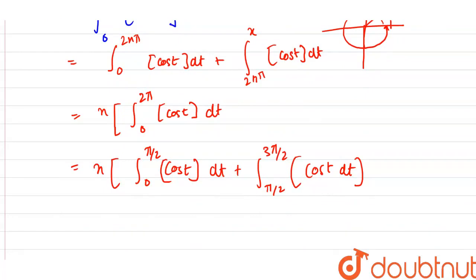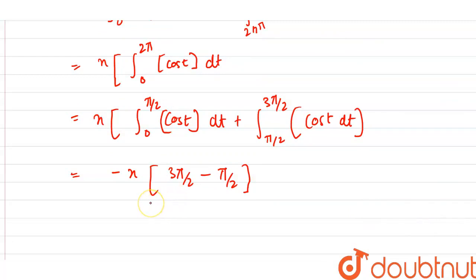So when we substitute the values, it is going to be minus n times (3π/2 minus π/2), right student? So we just have to solve this and we are going to get our answer.